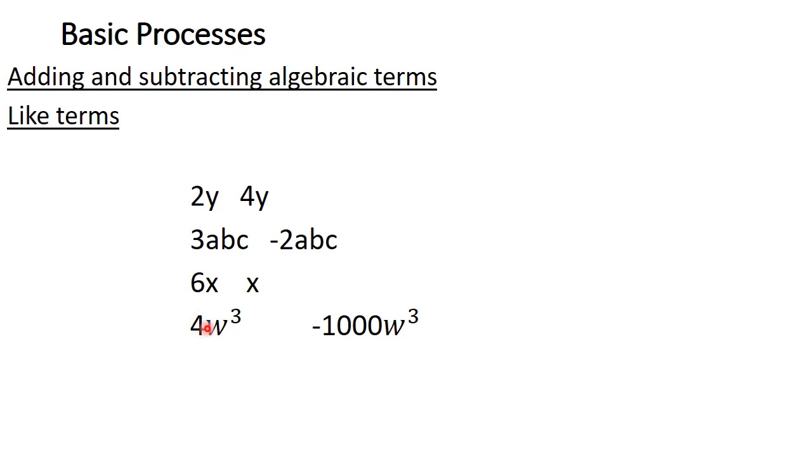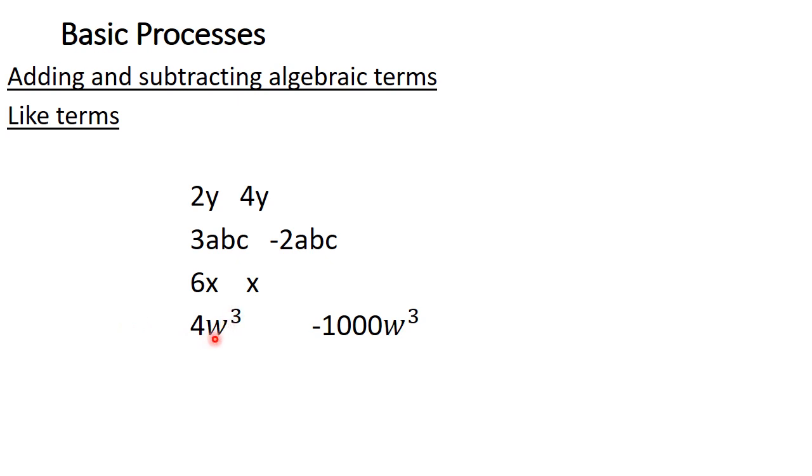The coefficient here is 4 and here is minus 1000, but the variables are the same, w^3 and w^3. Note that if we had another term like 2w, just 2w, then 2w is not a like term to 4w^3.